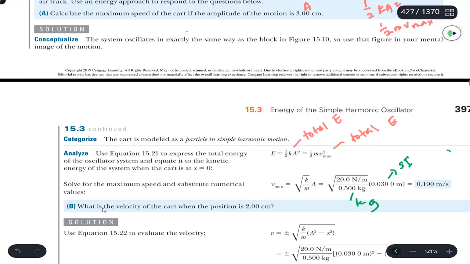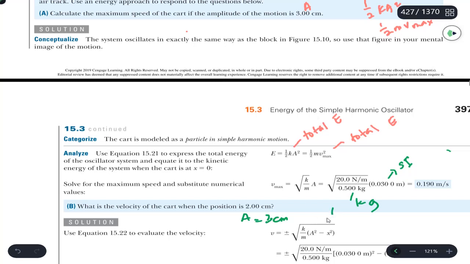Now, let's see if you were asked to get the velocity or perhaps even the speed when the position is 2 centimeter. What is 2 centimeter? Given earlier, the amplitude is 3 centimeter. So 2 is neither at 0, nor at the amplitude, but in between them.